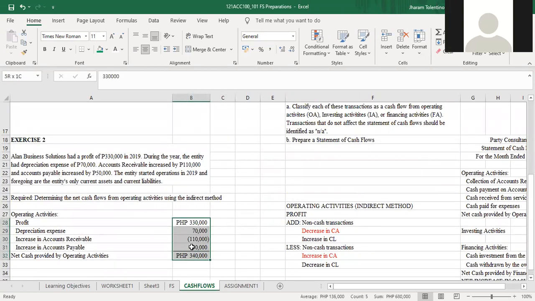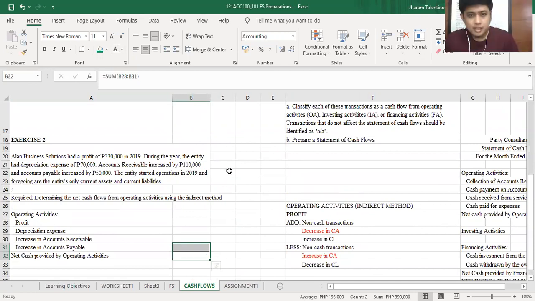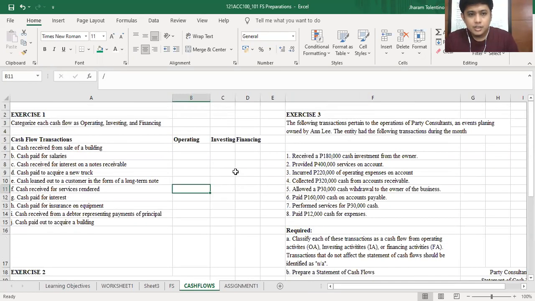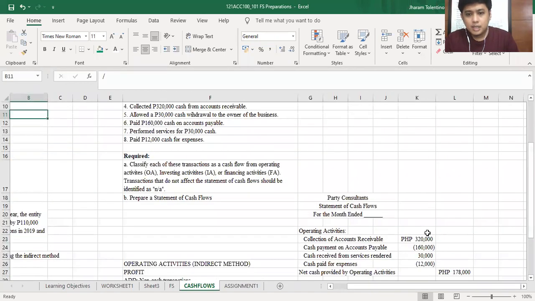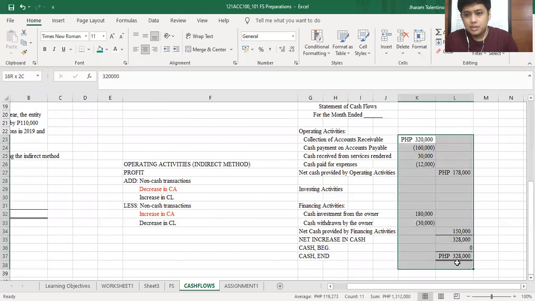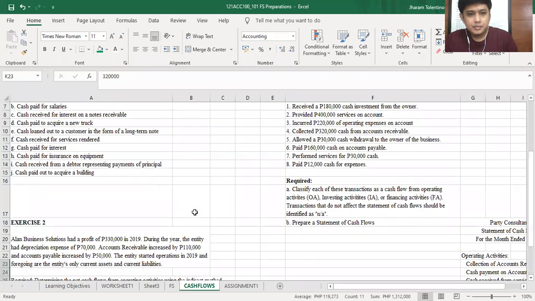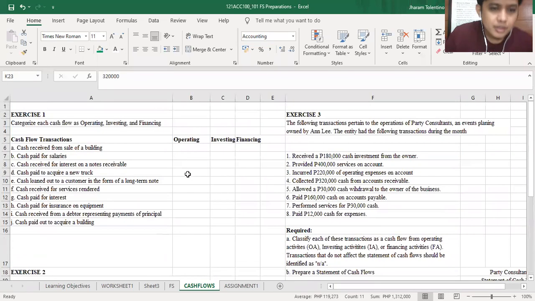Dito tayo. Statement of cash flows. Actually, these activities are lifted from the book. Copy-paste lang yan from the book. Okay, so madali na lang yan. Okay, so tingnan natin yung statement of cash flow.